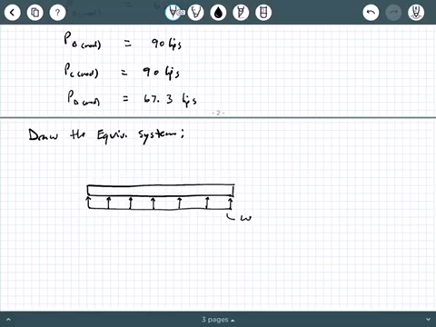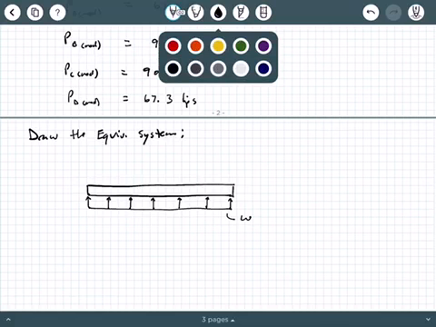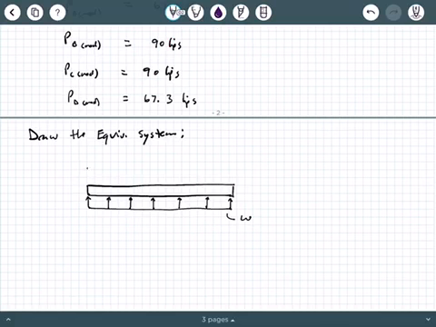Let's call it W. We're going to give it a new name, and I'm going to put the column loads here. There was column A, so we're going to call that 67.3 kips, and column D over here was also 67.3 kips. These are modified loads.